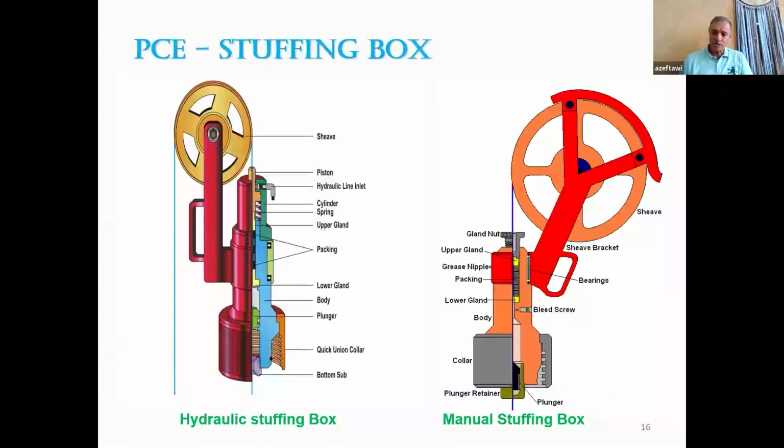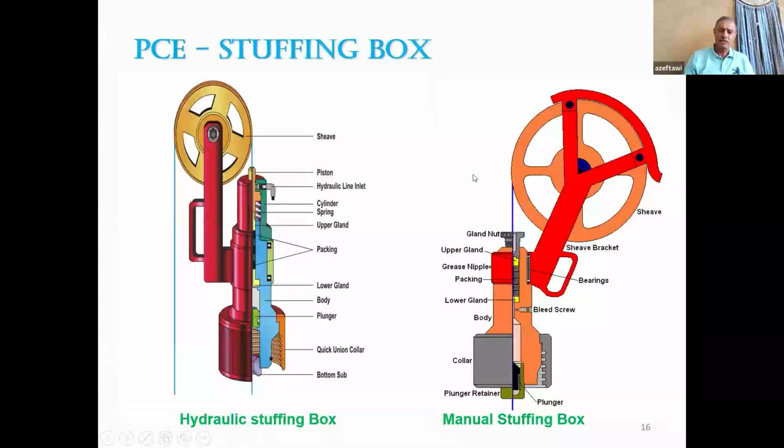In the manual stuffing box, you have to send the monkey on top of your rig up with a pipe wrench to go to this gland nut to squeeze it. When you squeeze it, it will squeeze the rubber into the wire to effect the seal again. But in the hydraulic stuffing box, you don't have to hire a monkey in your crew, but you hire human beings.